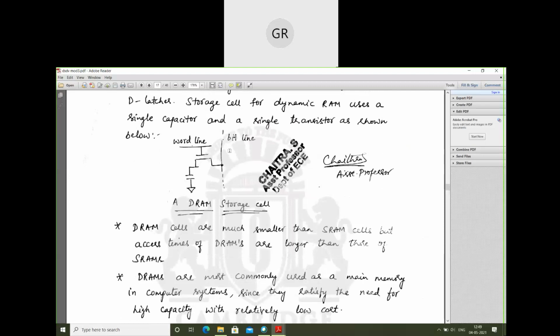If the capacitor is charged, that means data 1 is stored, and the bit line is charged here. Then what will happen when the word line is on? There is no discharge that takes place. It is at 1 only. Here also 1, both sides. I will show you here.